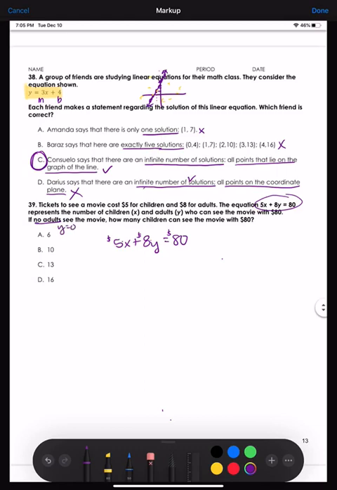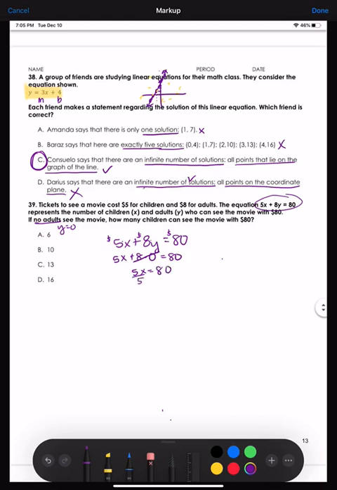No y, which is the number of adults, is going to be 0. So I'm going to plug that in. 5x plus 8 times 0 equals 80. 8 times 0 is 0, so I just cancel it. I get 5x equals 80.